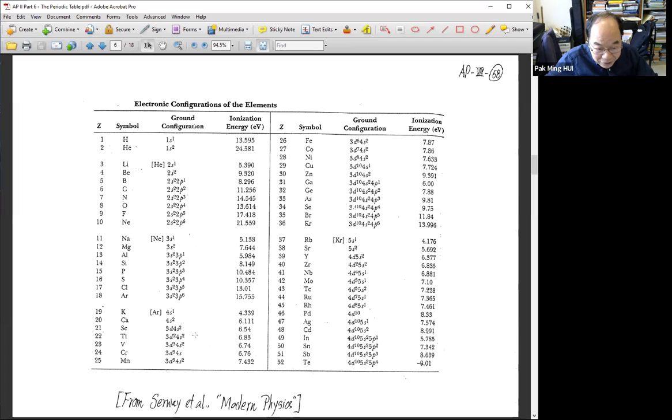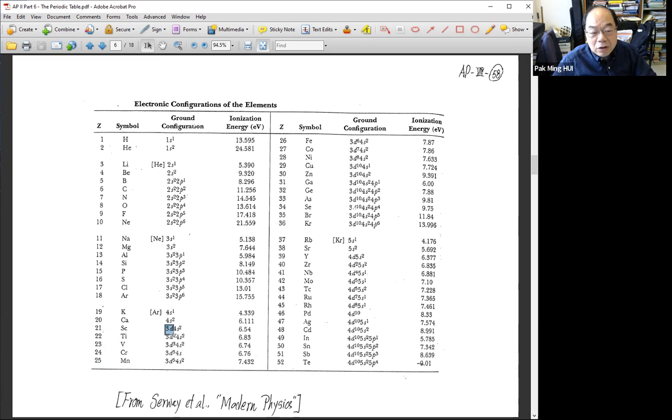So notice that we are talking about this part. Okay. So here, it turns out that the 4s is aligned in lower energy than the 3d. So the 4s was filled first, and then you start filling in the 3d.